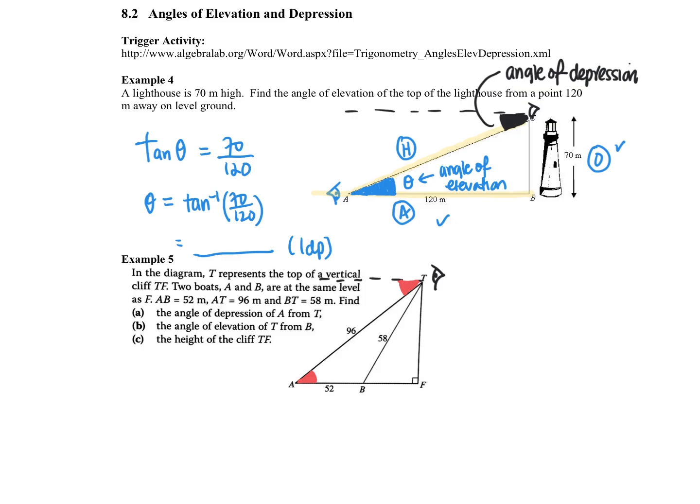So how to find this when you have 3 sides given to you? I have all 3 sides of a triangle. Cosine rule. So AB squared equals the sum of squares of the other 2 sides, and so on, to find angle TAB.